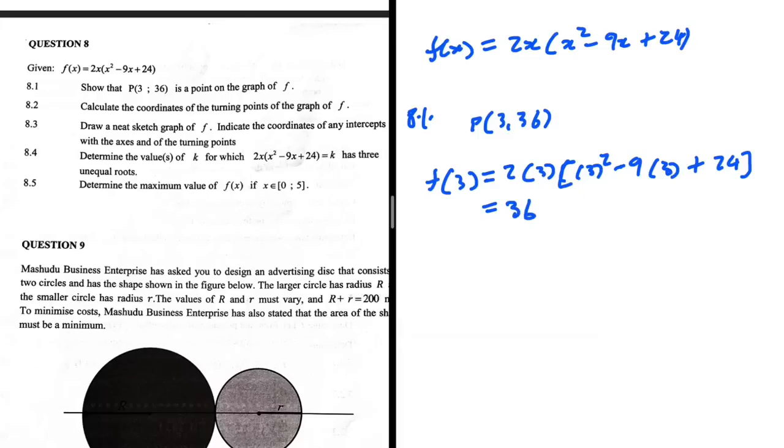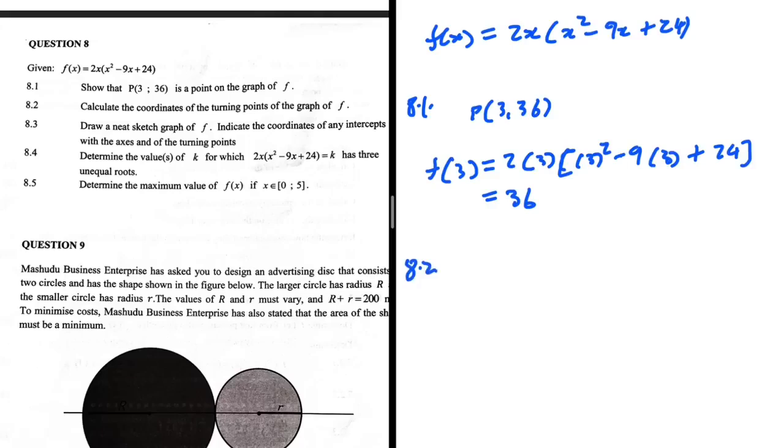2 marks. Let's take a look at 8.2. Calculate the coordinates of the turning points of the graph of f. Okay, so turning points, we are thinking about gradient, the fact that it is equal to 0. So we need to differentiate this function.